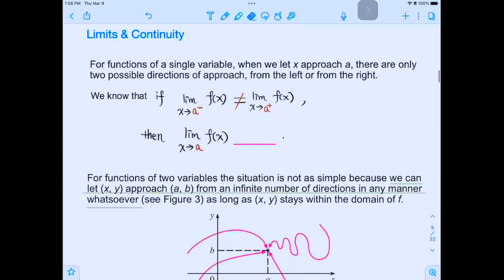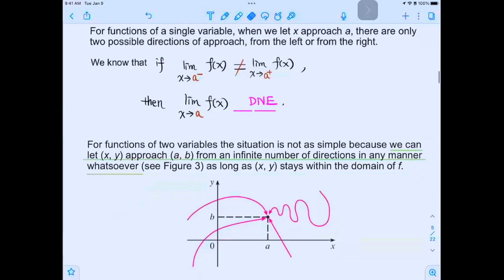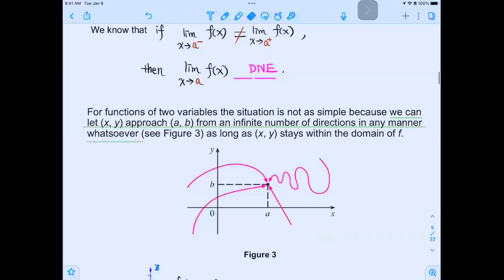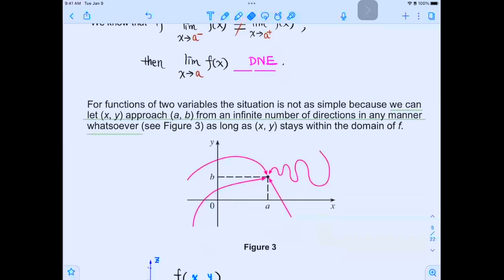Now, let's think about the function of one variable in the past. We know that if the left-hand limit and right-hand limit do not equal, then the limit does not exist. For a function of two variables, the situation is not as simple as this, because it's not just left and right. You can approach (a, b) different ways, just as I said before: this way, this way, this way.